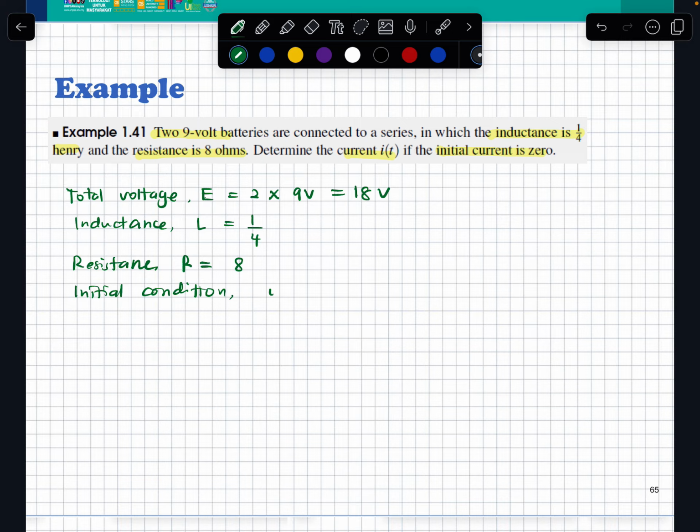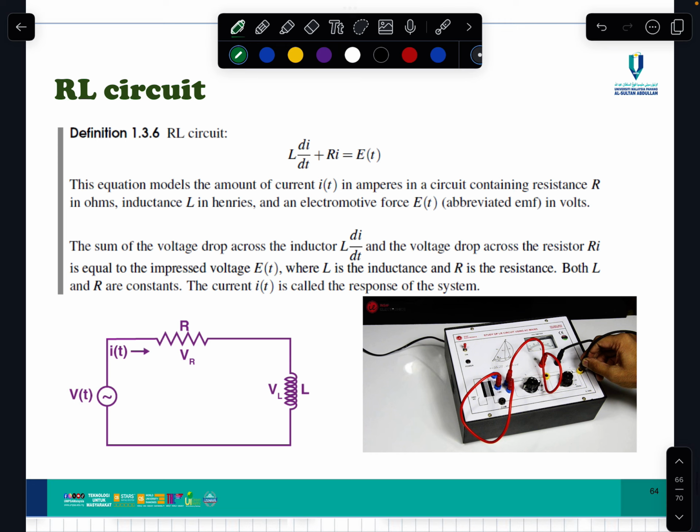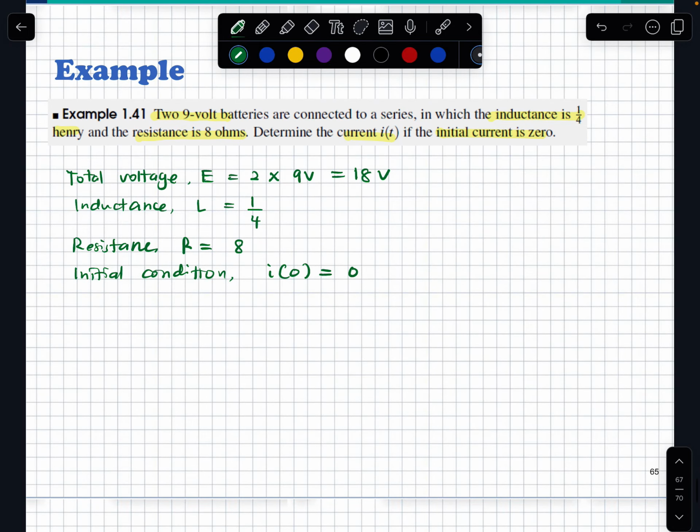By using the previous governing equation for the RL circuit, we take this formula, L di/dt plus Ri equals E(t).